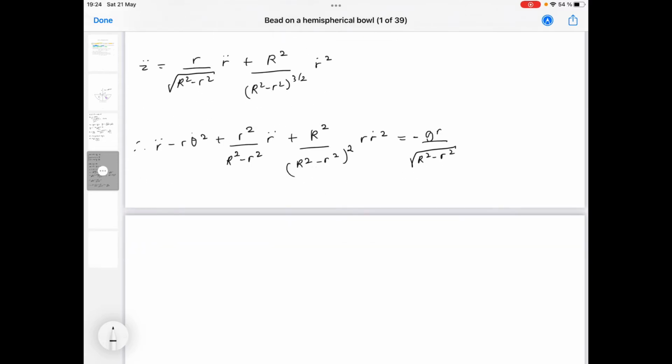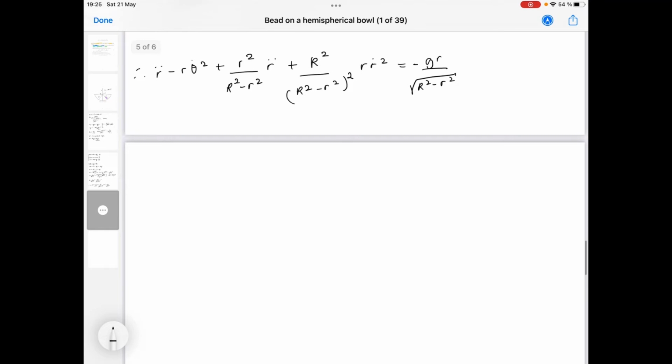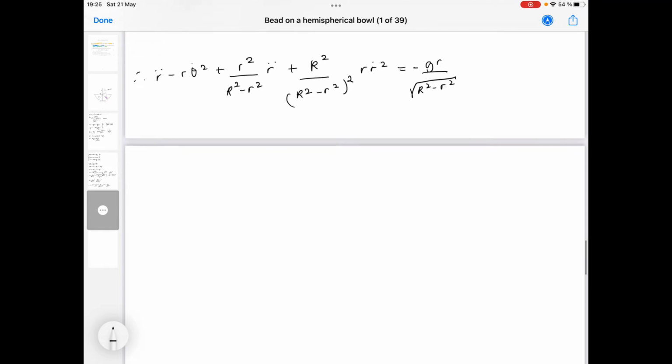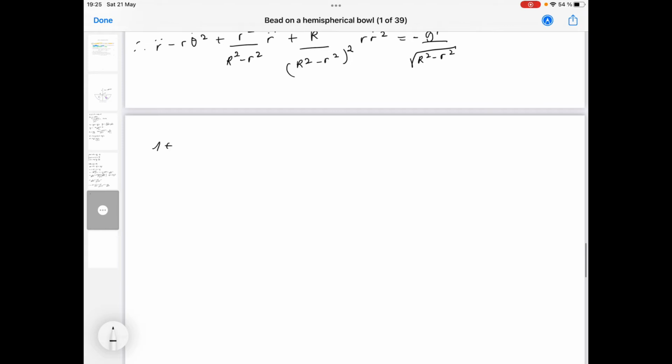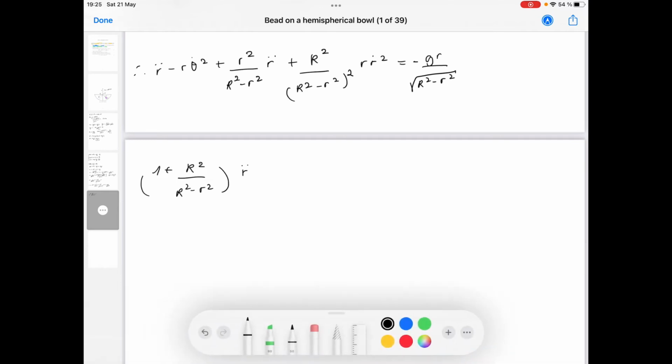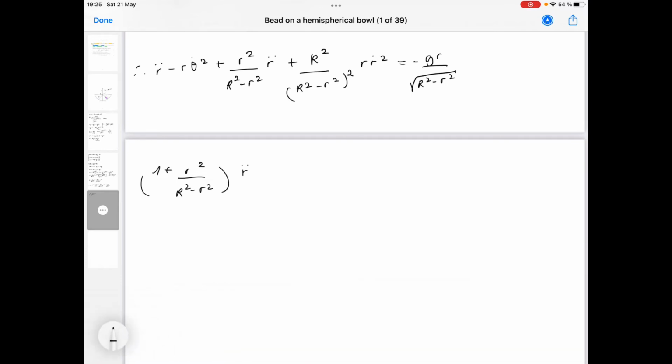So we can keep manipulating this equation, and we see that we can clump the r double dots together. So we'll have 1 plus capital R squared over R squared minus r squared times r double dot, oh sorry, this should be a little r, so little r squared.